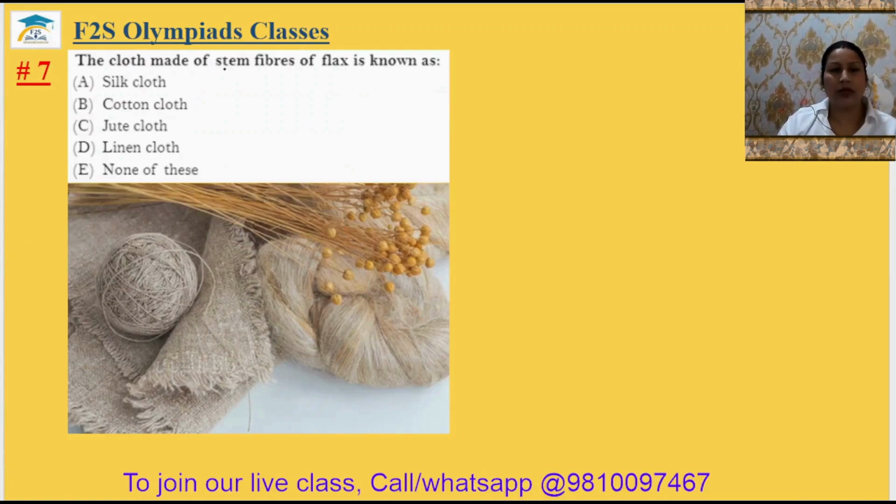The cloth made of stem fiber of flax is known as... This is your flax plant and this is the fiber obtained from it, and using this we can get linen fiber. That is option D. So the seventh answer will be option D.